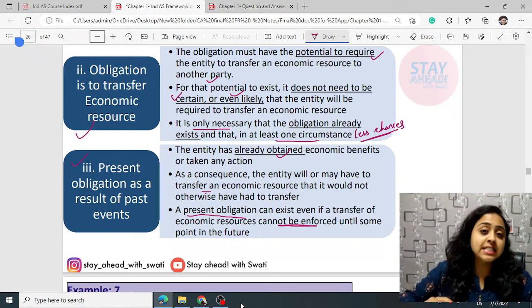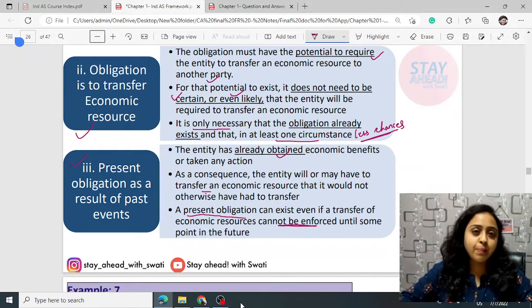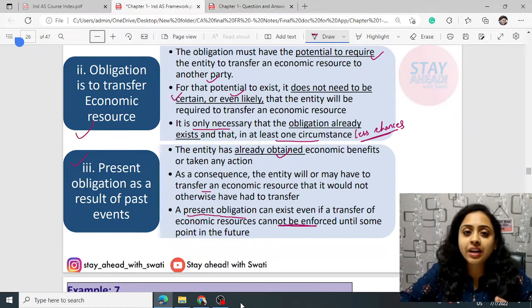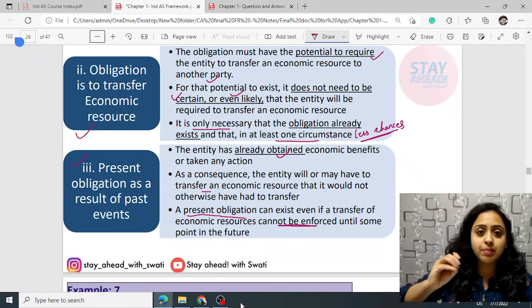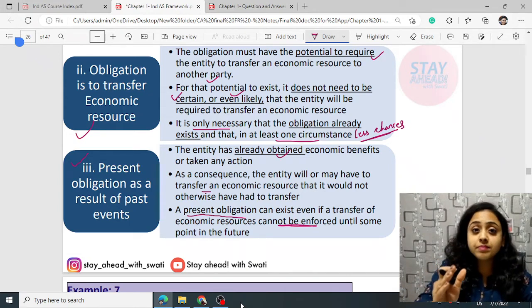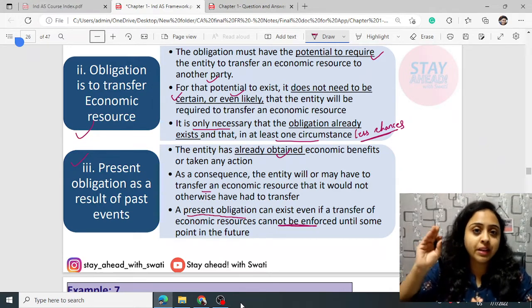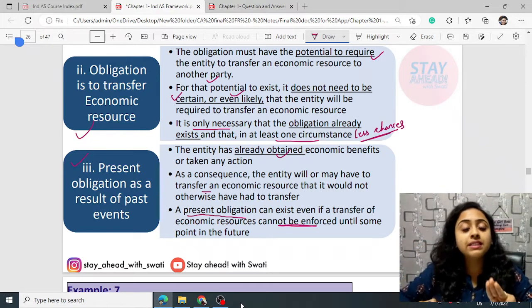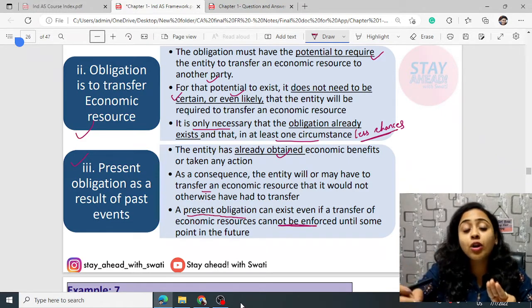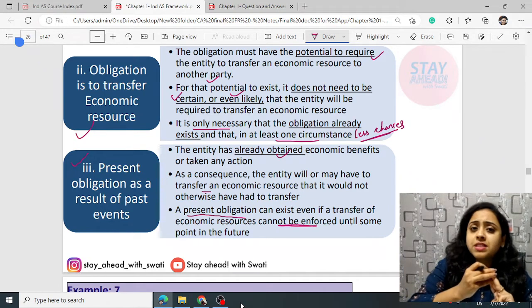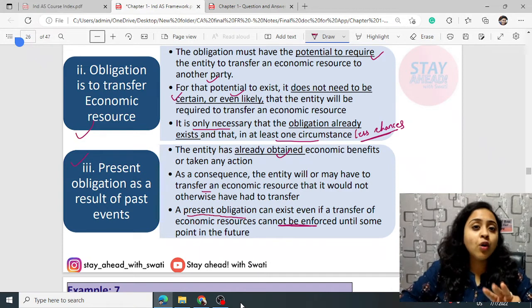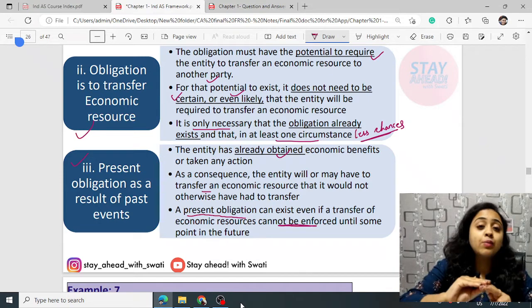Present obligation still exists for a particular date. For example, the creditor, the supplier, has given you 3 months credit period. Before that, it will not obligate you to pay. But after 3 months, the due date arises and then you have to pay the amount. Even for the 3 months, such a supplier cannot mandate or force you to make a payment. Still it will be considered as an obligation.